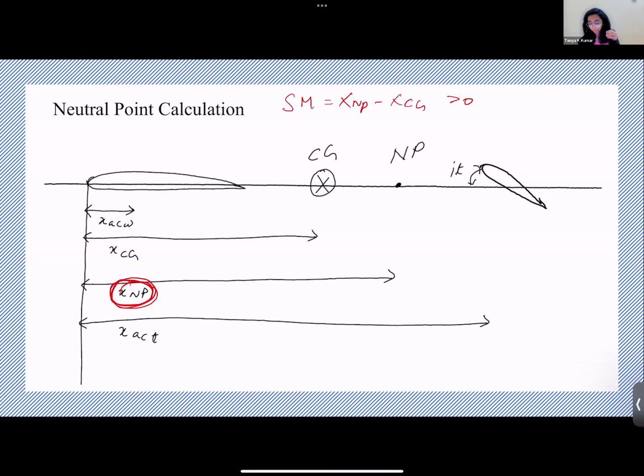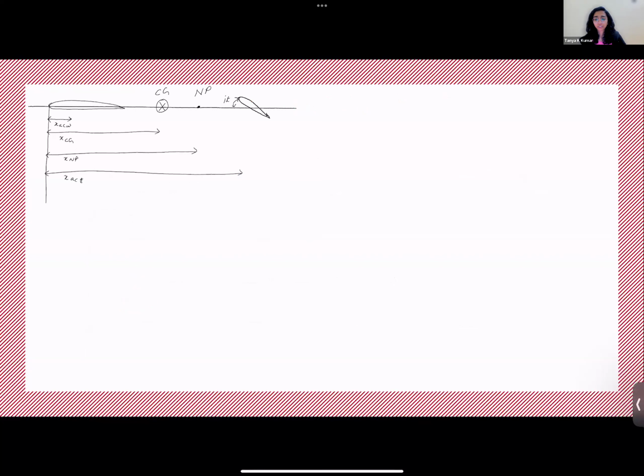Okay, so now how do we proceed with the neutral point calculation? Let's do the derivation together, but tell me how to proceed. How do I start? This simple configuration is the basic derivation that we do in the stability and control course, in every introductory course, right? So how do we start deriving this, to find out the neutral point?